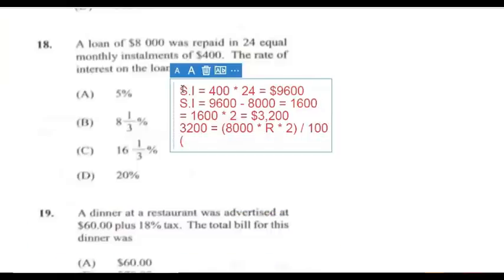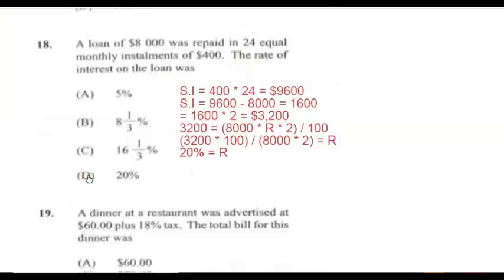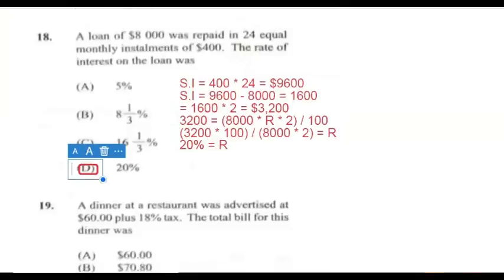So therefore it becomes 3,200 multiplied by 100, and all of that is divided by 8,000 multiplied by 2, and that is equal to R, which is what we are trying to find. And when you do your calculations, you'll realize that your answer is 20% is equal to R, and therefore answer 18 is D.